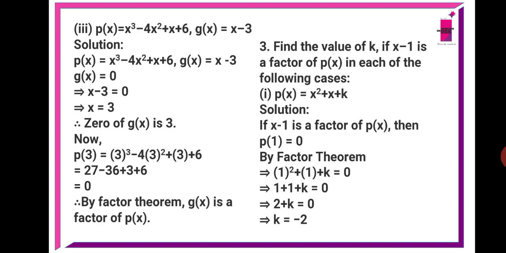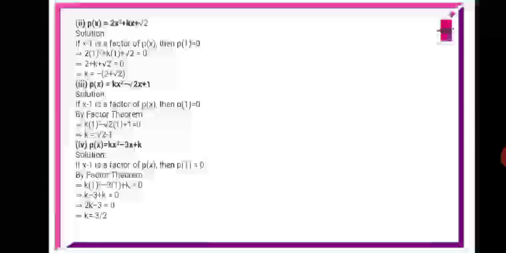Substituting 1 and equating to 0, you get k as minus 2 after simplifying. Similarly, in the second question, you get k as minus (2 plus root 2). In the third question, k equals root 2 minus 1. In the fourth one, k equals 3 by 2. You use the factor theorem to find the unknown value of k.